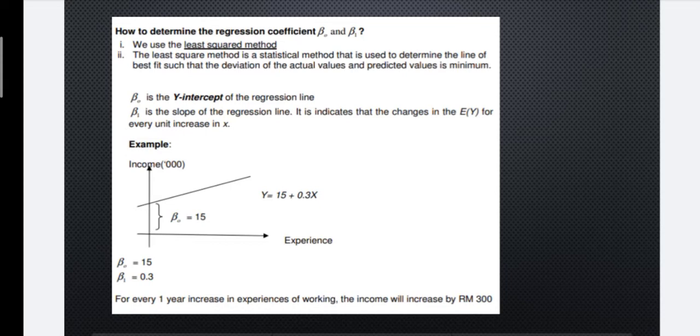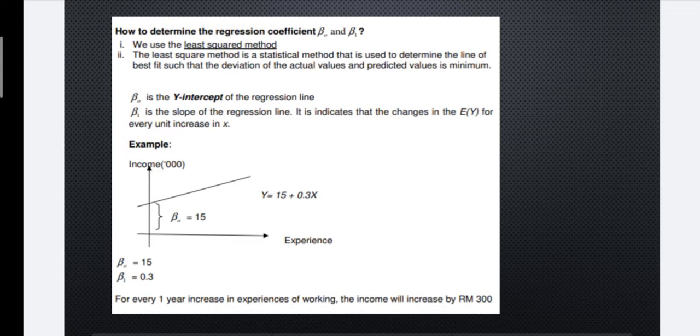Okay, for example, ini example kita simple linear regression. Y adalah income, sebab income ni berada di y axis kan. Y adalah income dan experience adalah x. Okay, so income depends pada year of experience.